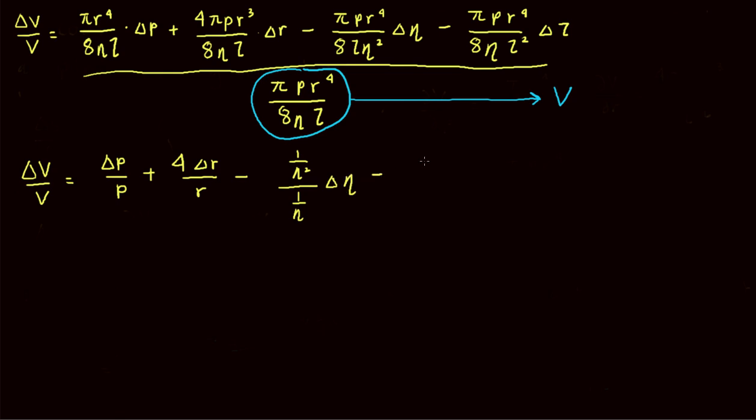And the last one is the same thing, 1 over L squared over 1 over delta L.